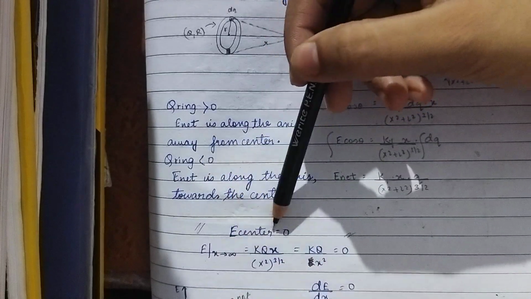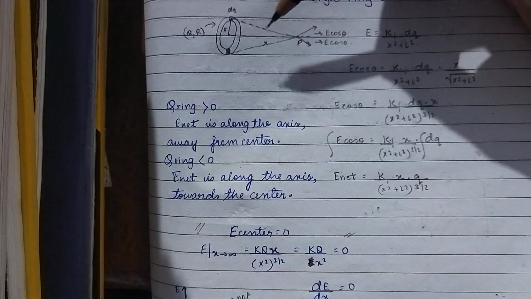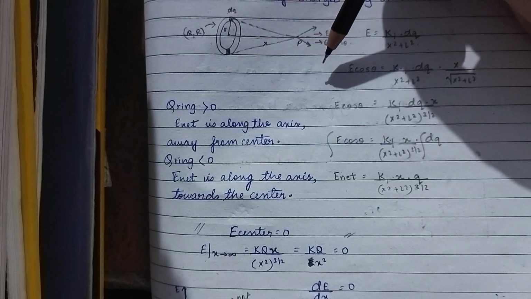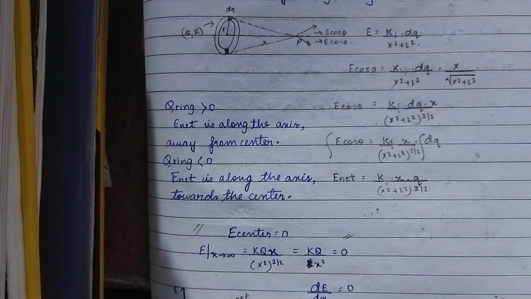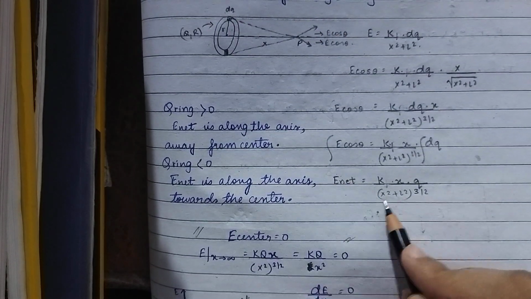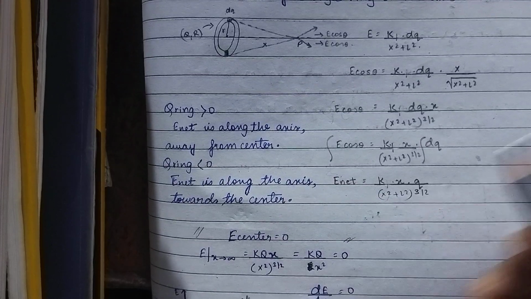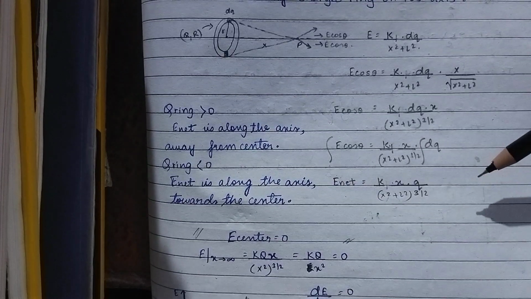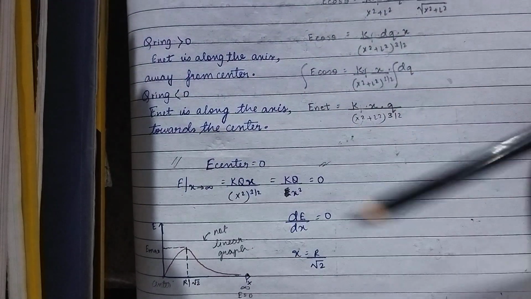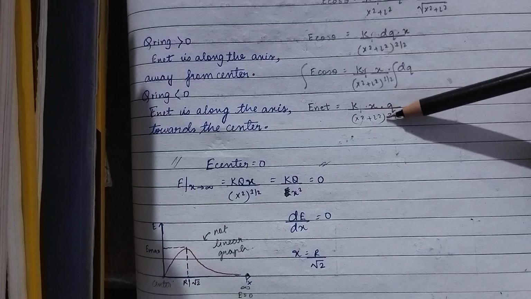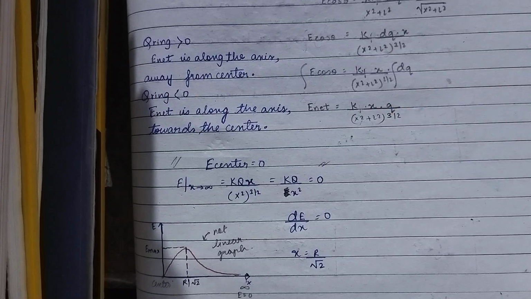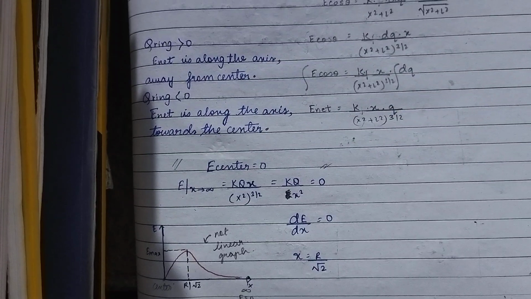If E at the center is 0, that means x is 0. So basically E net, if x is 0, then this is L square to the power 3/2, that means L cube. So the value comes to be KQ by L cube. Now if x is infinity, that simply means L is so small in front of it that it can be neglected.